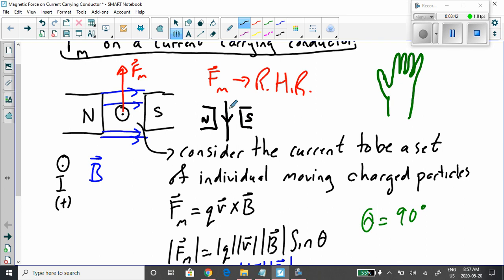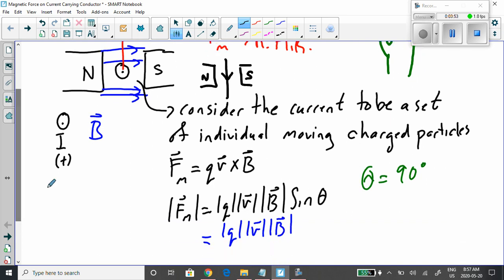So in here where the magnetic field exists, consider the current to be a set of individual moving charges. Well, oh my goodness, I learned about this yesterday. I can find the magnetic force on each individual charge. The magnetic force is equal to the charge on each individual charge, times how fast each individual charge is moving, cross product the magnetic field. Now, the magnetic field and the direction of current and the direction of charge motion are perpendicular, right?